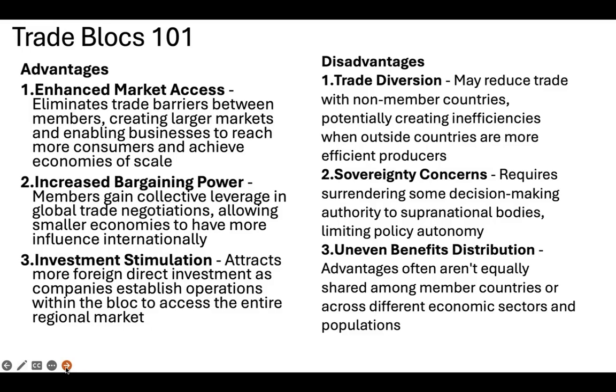Of course, trade blocs come with disadvantages. While they can increase trade amongst members, they can at the same time reduce that trade with non-members, even when those outside countries could be more efficient or cheaper producers.